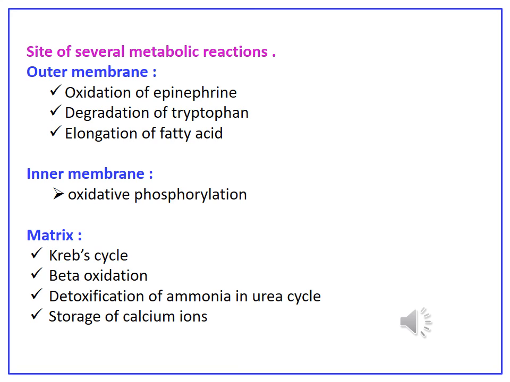The inner membrane is the major site of oxidative phosphorylation, and the matrix is the major site of the Krebs cycle, beta oxidation, detoxification of ammonia in the urea cycle, and storage of calcium ions.